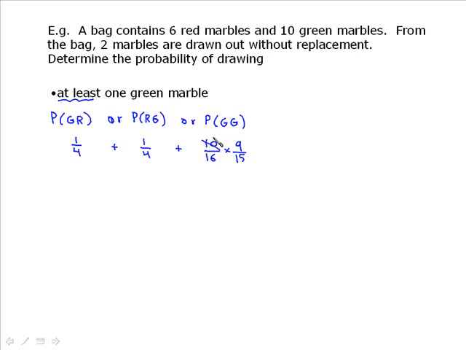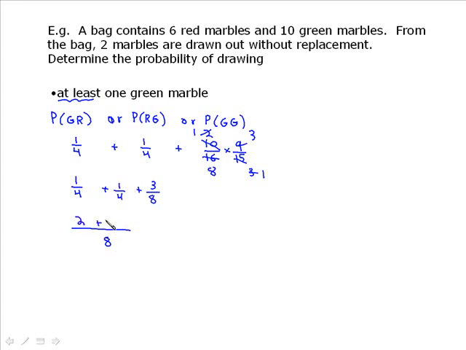And then reduce away. This would be 2 and this would be 3. Divide by 3 is 1. Divide by 3 is 3. And we can do one more. Divide by 2 is 1. Divide by 2 is 8. So we end up with 1/4 plus 1/4 plus 3 over 8. Get a common denominator of 8.